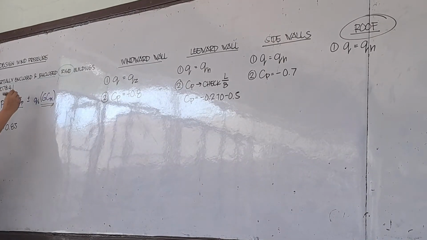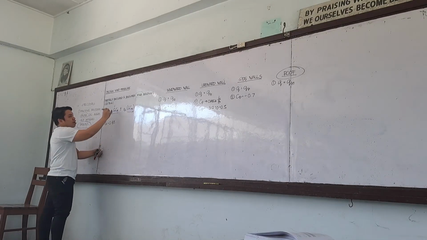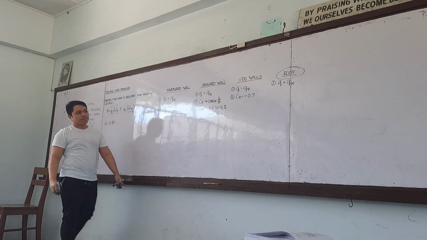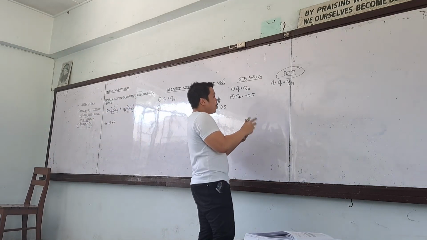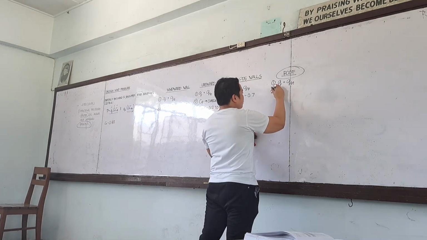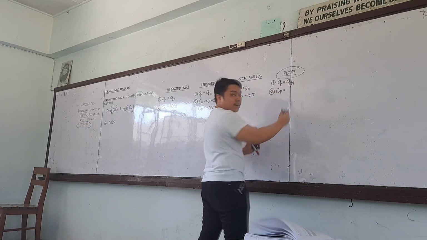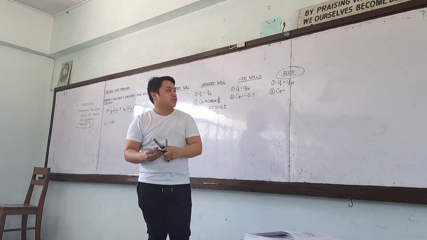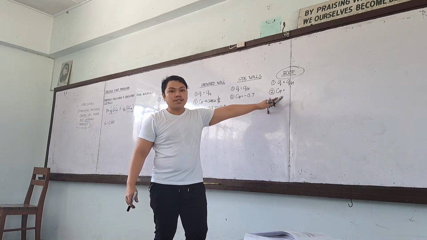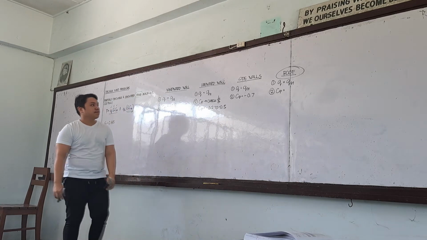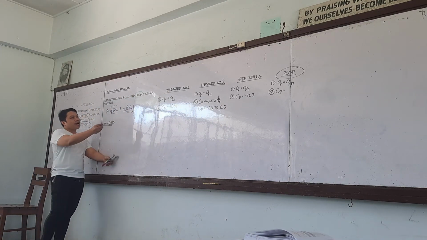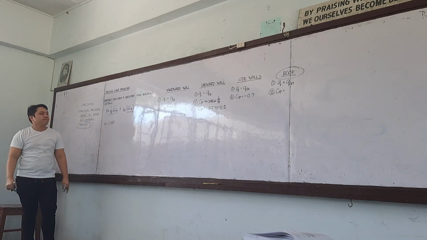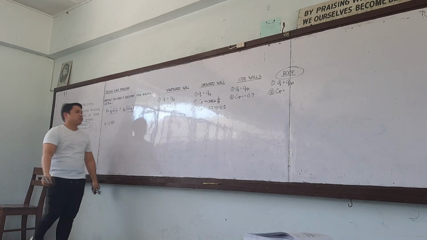So we now have our G, we now have our q, we now have our Cp. For our roofing, the Cp we will discuss by next meeting, since there are many cases for the roof and it cannot fit in a short discussion. Lastly, our external and internal wind pressure. How can you quantify this?